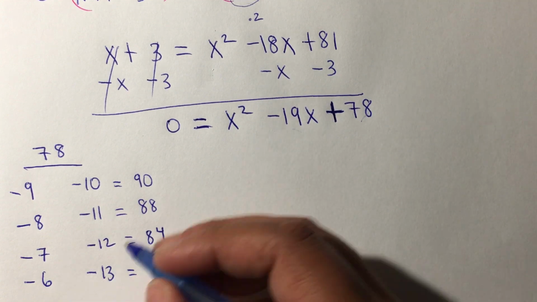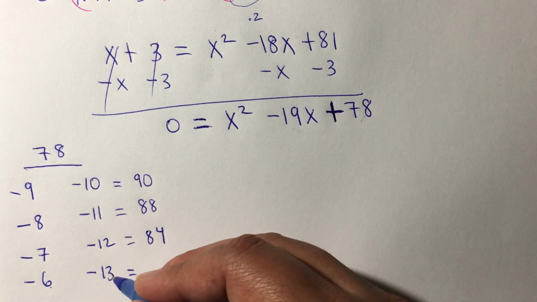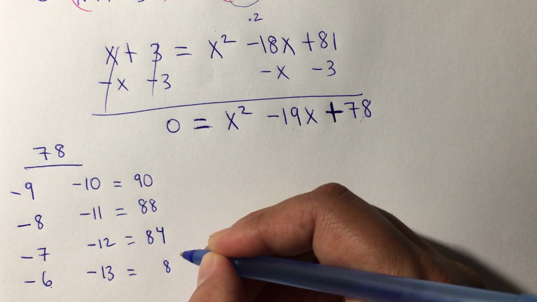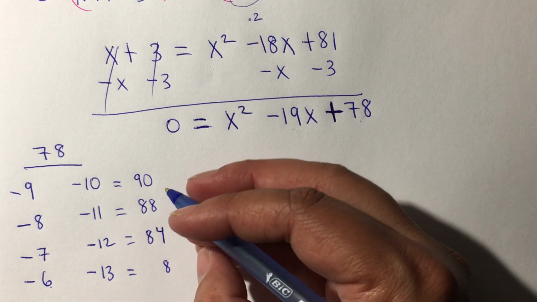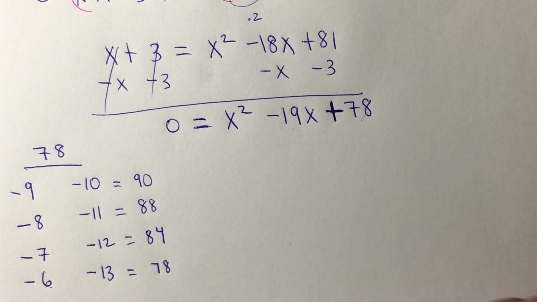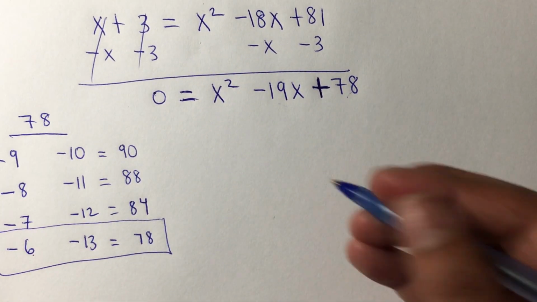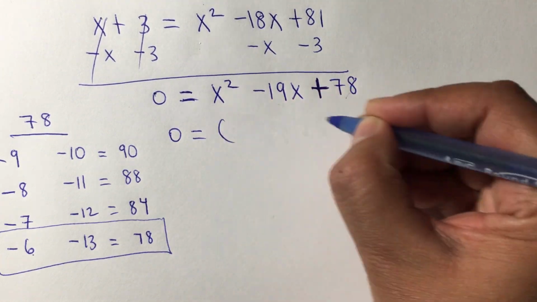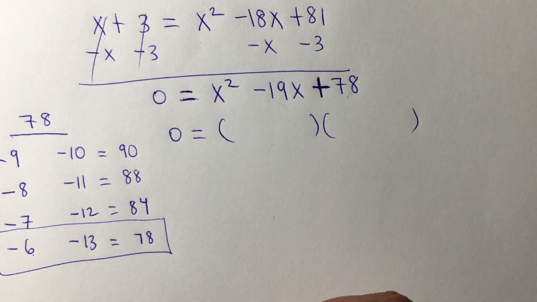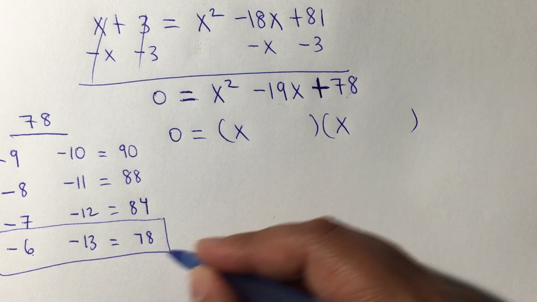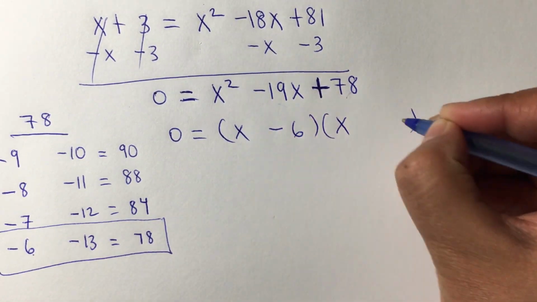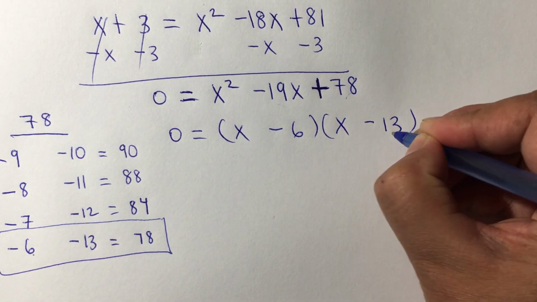And so negative times negative is positive. 6 times 3 is 18, carry 1. 6 times 1 is 6, and the 1 that you're carrying is 7. So it's 78. Those are your two factors. 0 equals, we open parentheses, x and x, and you have -6 and -13.